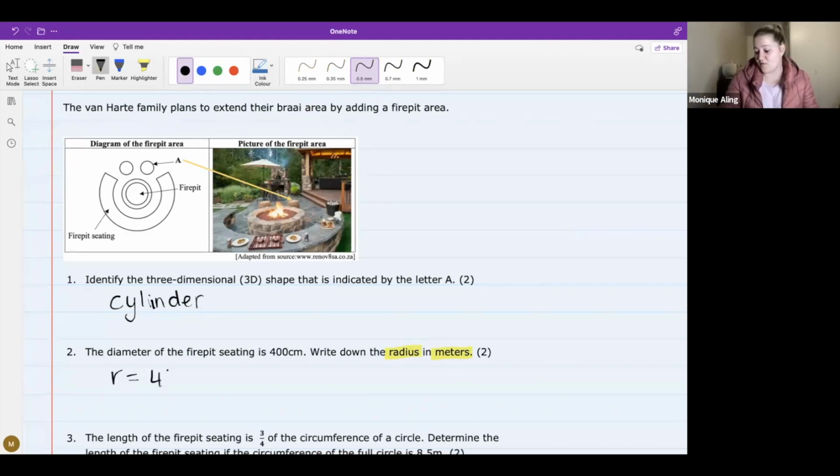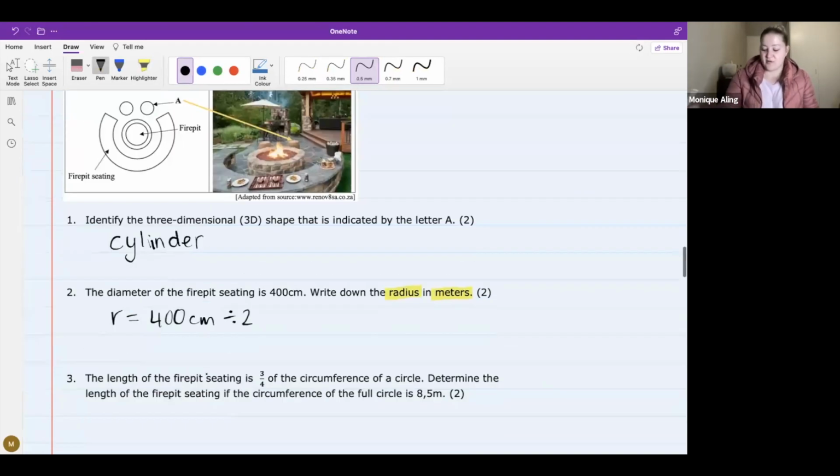The diameter is 400 centimeters. Divide by 2, which gives you 200 centimeters. We divide by 100 to get our answer in meters, which is 2 meters. Okay, well done.